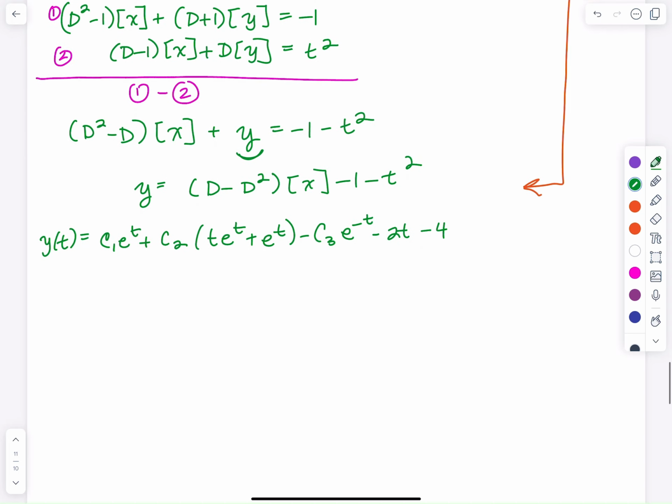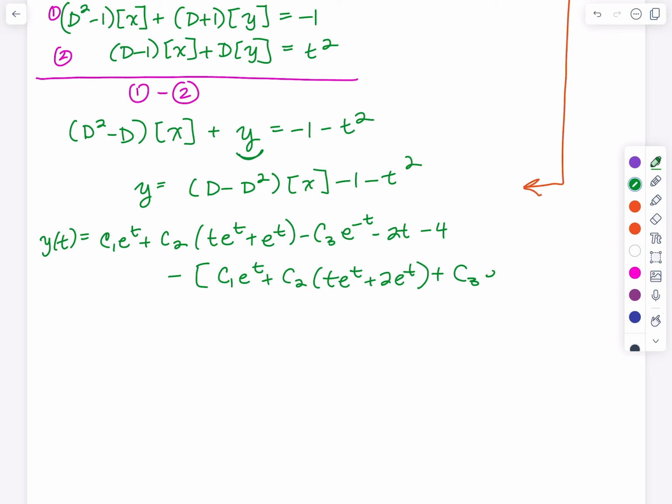And then we still have to subtract c1 e to the t plus c2 t e to the t plus 2e to the t plus c3 e to the negative t minus 2. And then we still have minus 1 minus t squared.